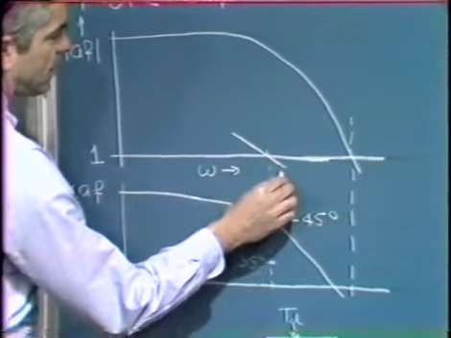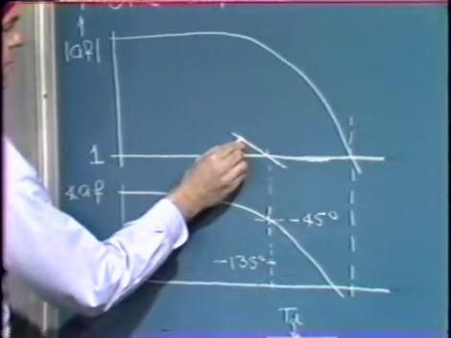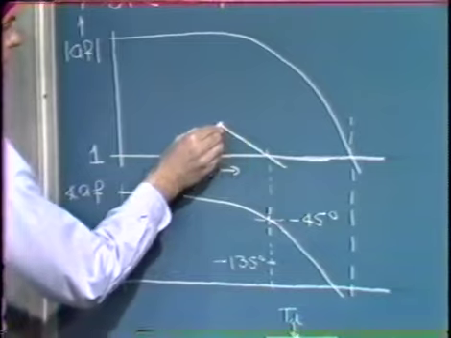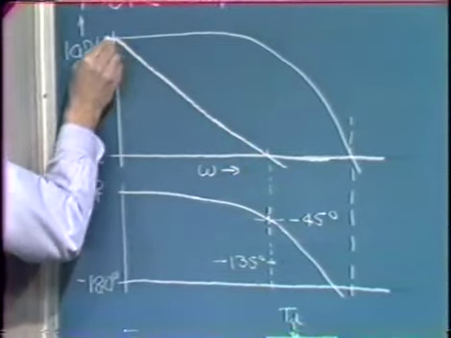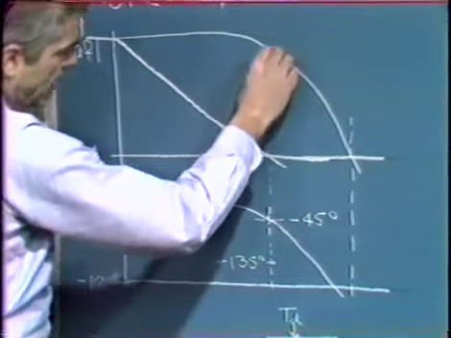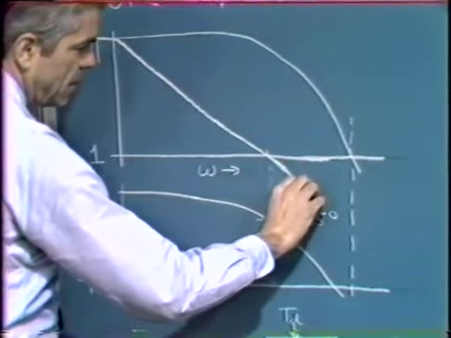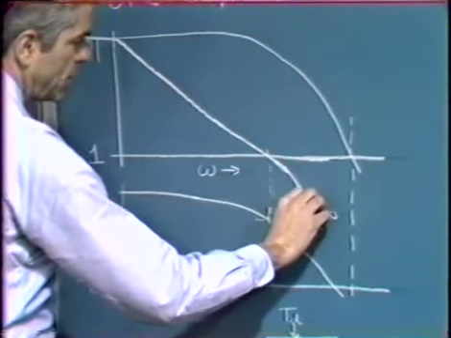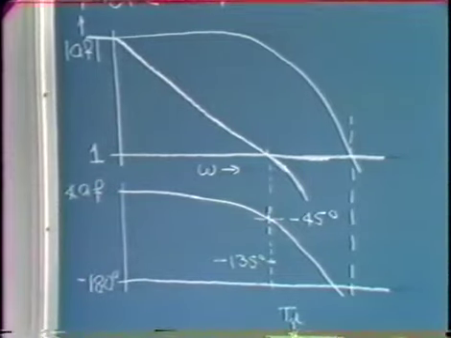If I've accomplished that by adding a single pole at a sufficiently low frequency, we'd end up with a loop transmission magnitude that looks something like this after compensation. Out in this region, we actually have to follow the original curve on top of the single pole roll-off, so possibly we'd get a magnitude that looks something like that.